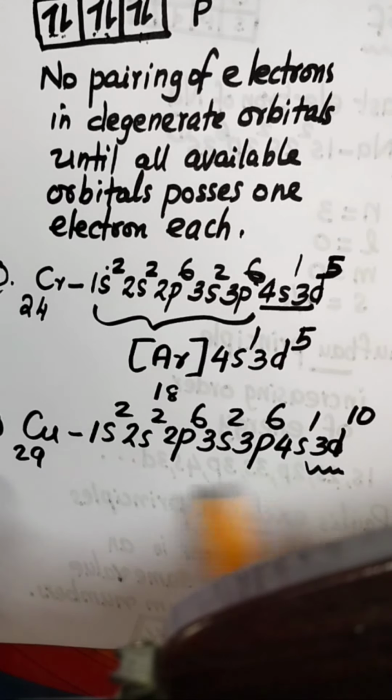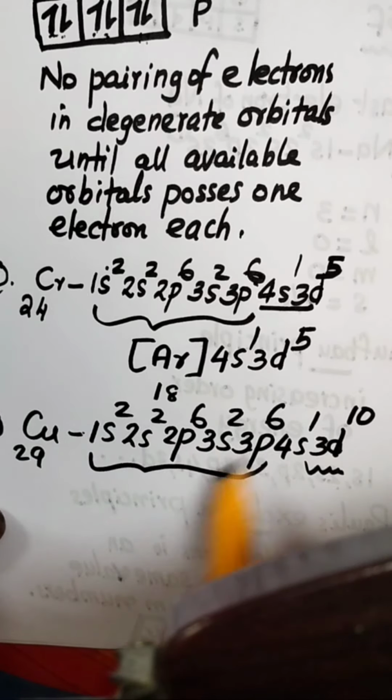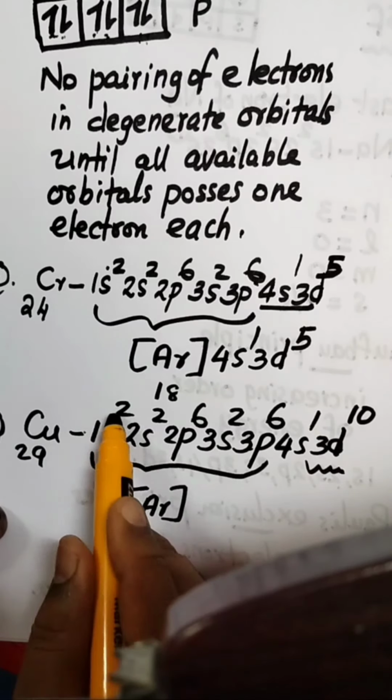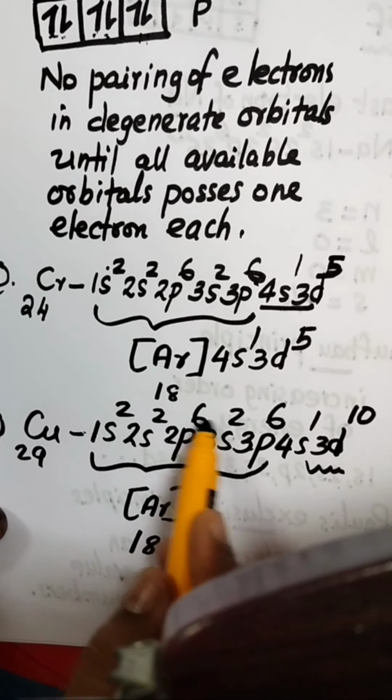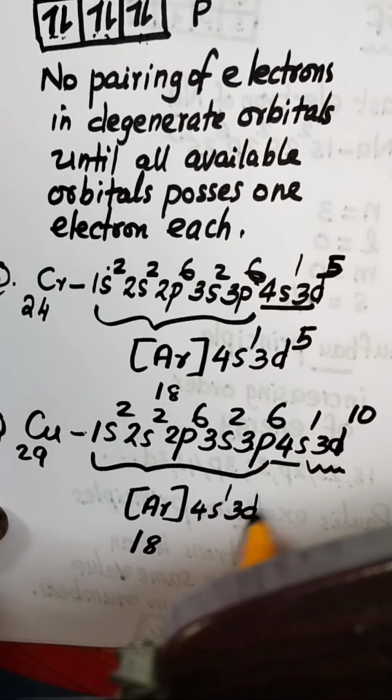So copper shows an exceptional configuration like this, 4s1, 3d10. The completely filled configuration of copper is highly stable. Instead of 1s2 to 3p6, we can write argon here also, 18 electrons. Remaining portion 4s1, 3d10.